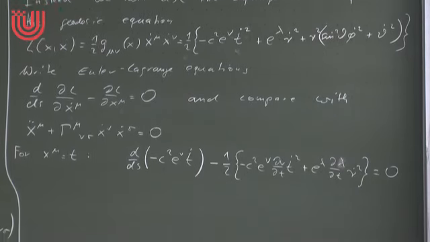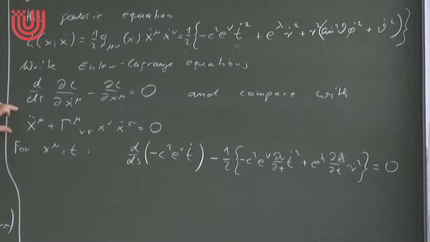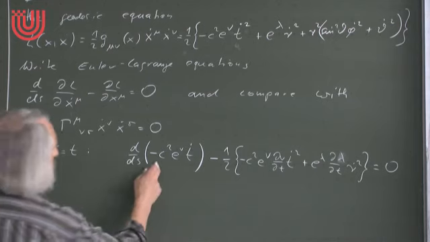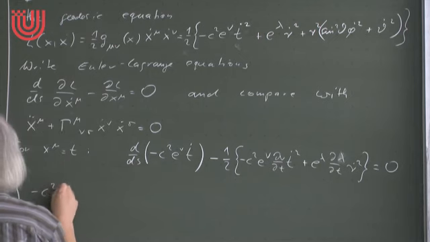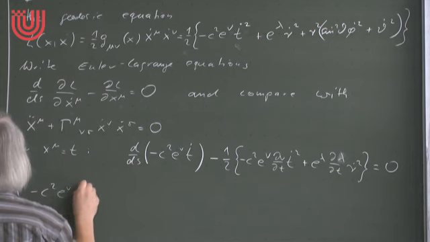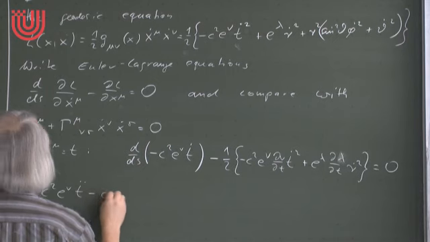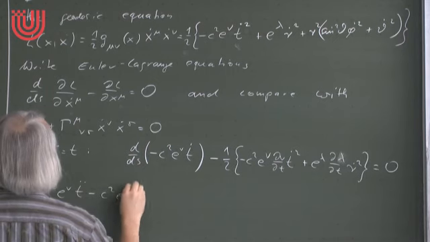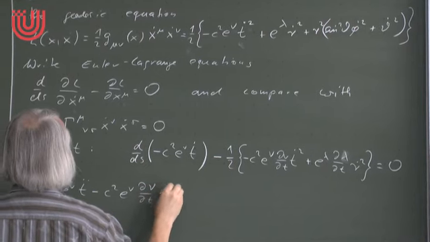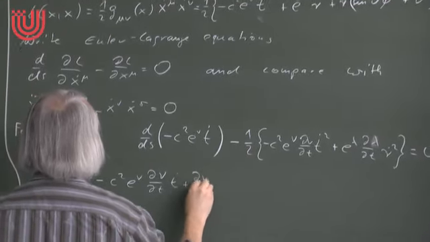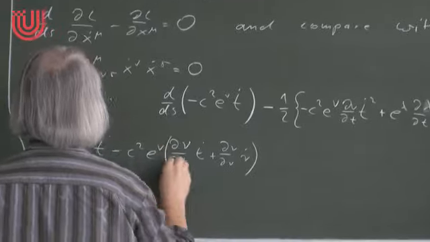So now we have to arrange the terms in a way that we can compare with this expression. So we want to solve for t double dot. That's essentially the goal. Well, that's not too difficult because this comes here in a very natural way. So we get minus c squared e nu t double dot minus c squared e nu d nu by dt t dot plus d nu by dr r dot.